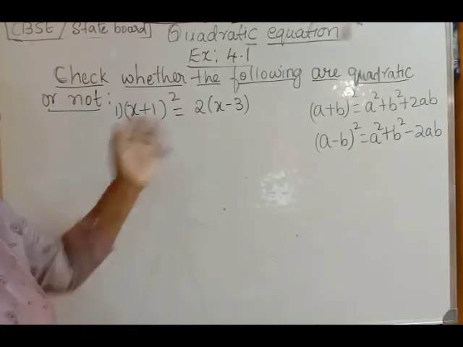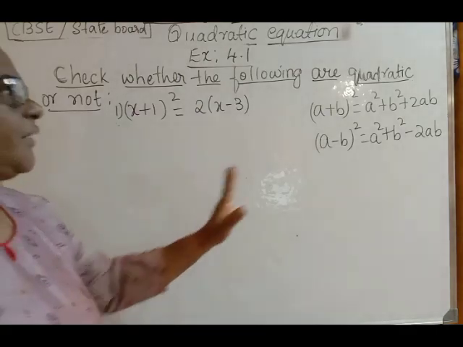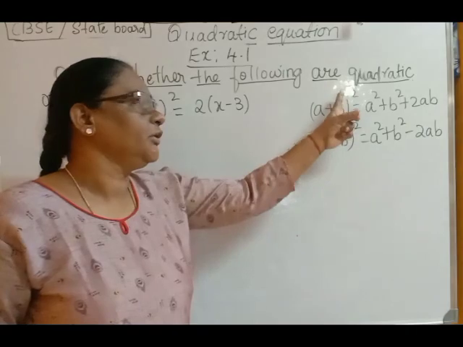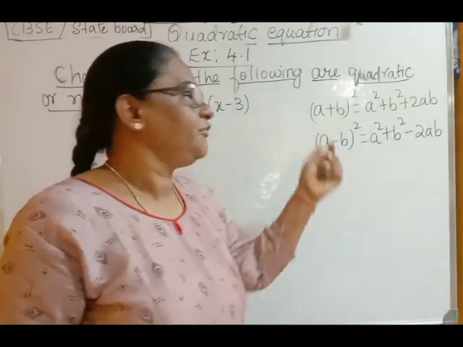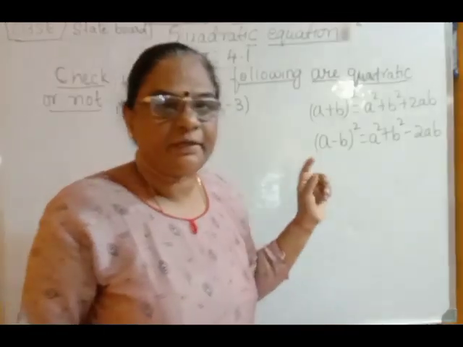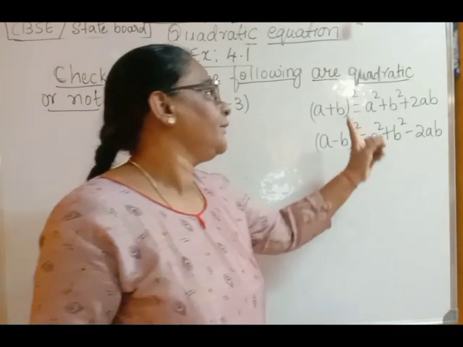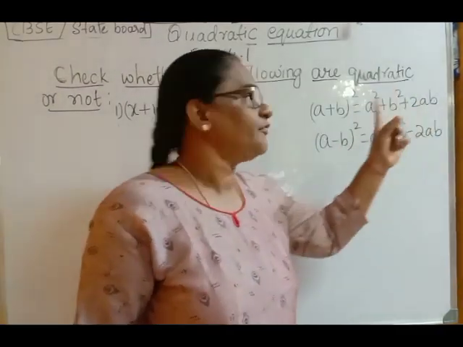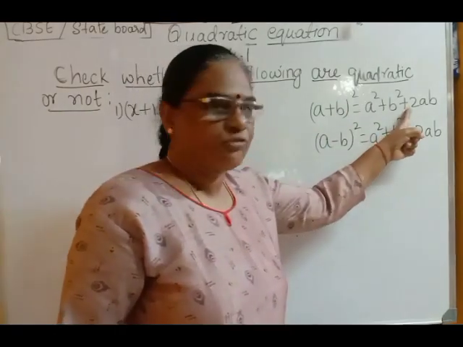So before solving the problems, you should be familiar with these two formulas. Okay? A plus b whole square. Any number which is in the form of a plus b whole square, you have to expand it as a square plus b square plus 2ab. If there is plus here, then plus 2ab.